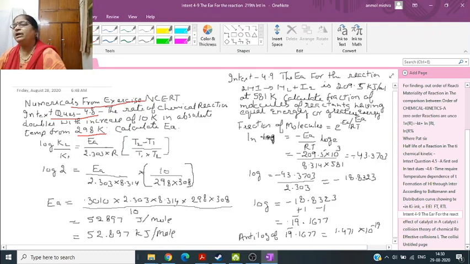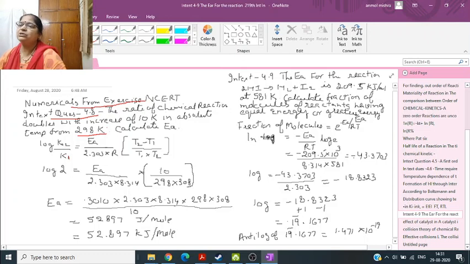log K2 by K1 is equal to Ea by 2.303 R, into T2 minus T1 upon T1 into T2. Remember, temperature should be taken in Kelvin. Here it is already given in Kelvin, so no problem. Now K2 by K1, here it is written that the rate just doubles, that is why K2 by K1 is 2.